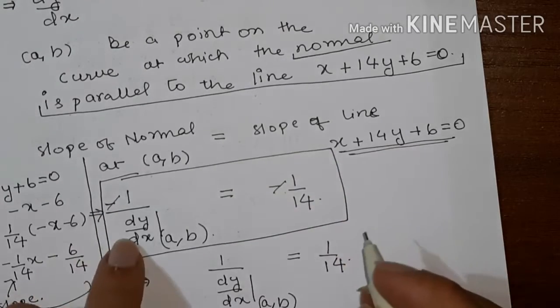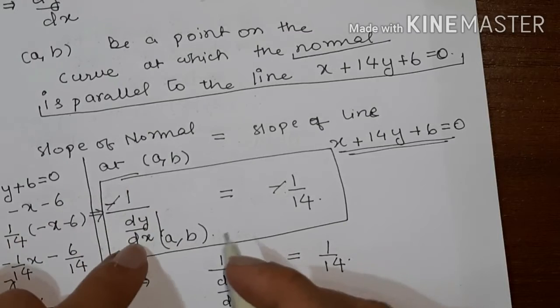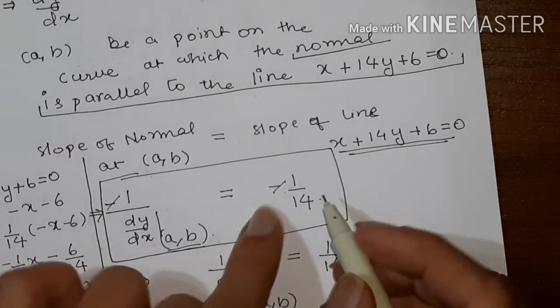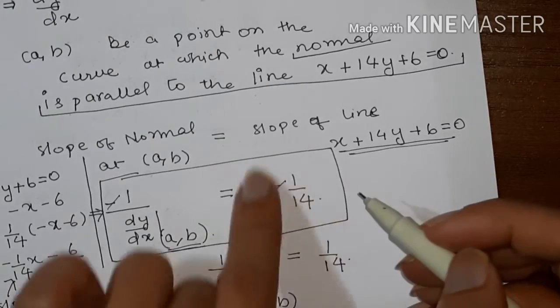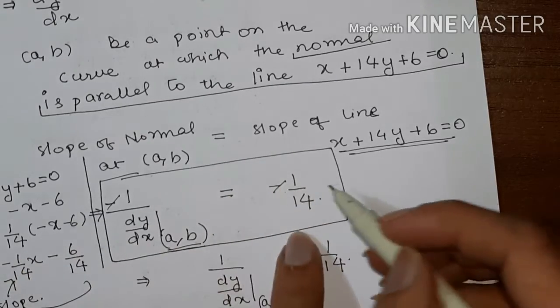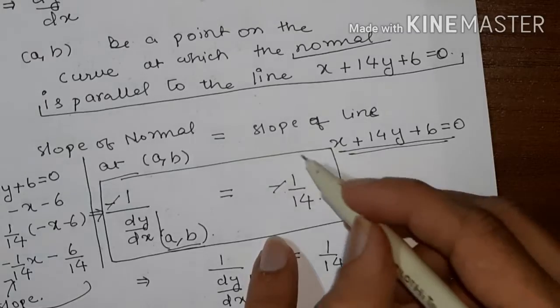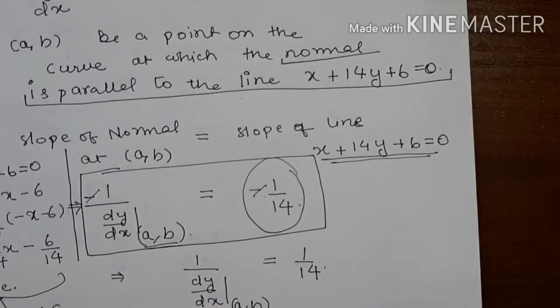Please be careful here. So −1 by dy/dx at the point (a, b) is nothing but −1 by 14. Directly you can substitute this value here as the slope of the normal.